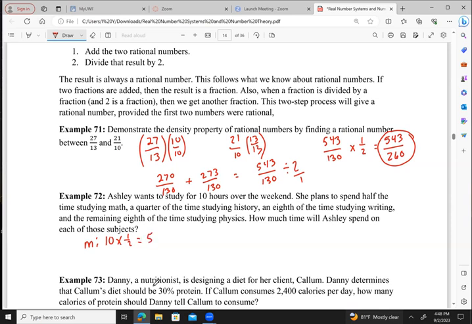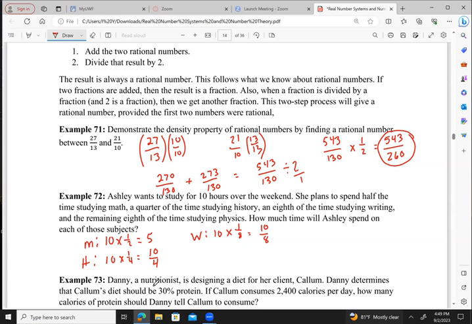Okay, a quarter of the time studying history. So that's 10 times 1/4, which is 10/4. And that is history. An eighth of the time studying writing. So writing would be 10 times 1 over 8, or 10 over 8.